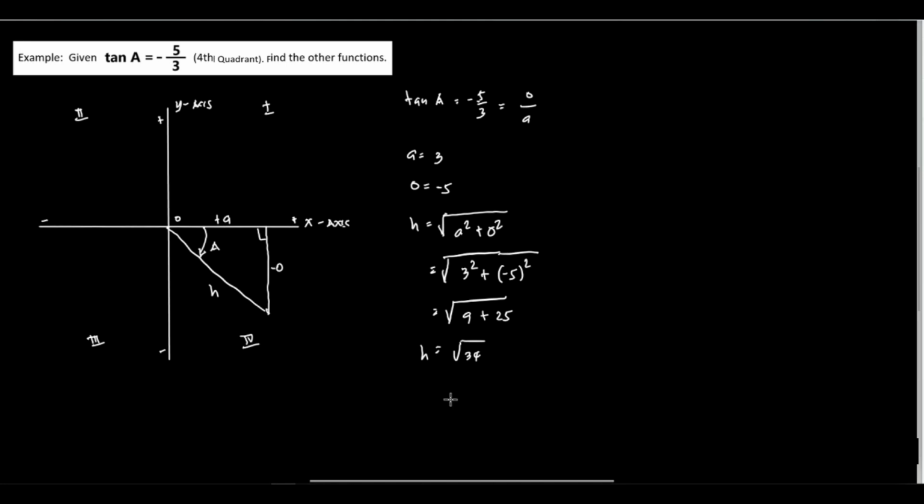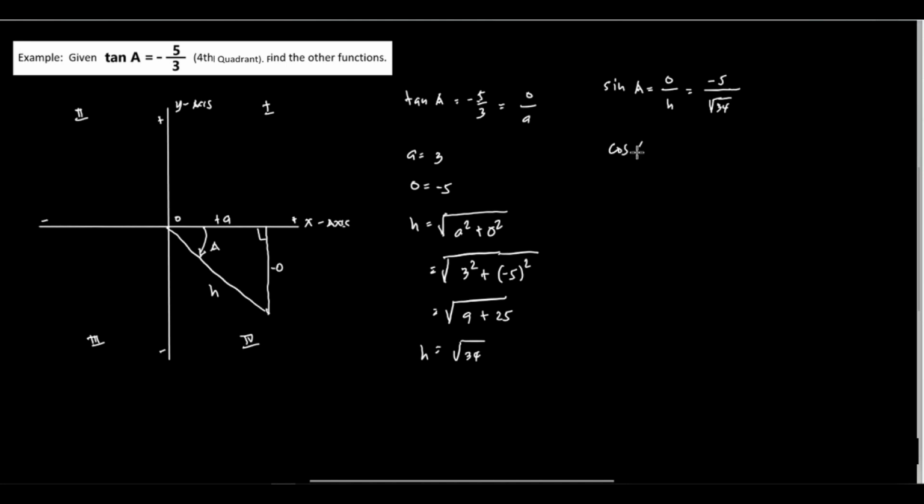So we have now the values of A, that's 3, O, -5, and H, square root of 34. And the remaining trigonometric functions: first sine A, that's opposite over hypotenuse, and O, that's -5, divided by H, that's square root of 34.